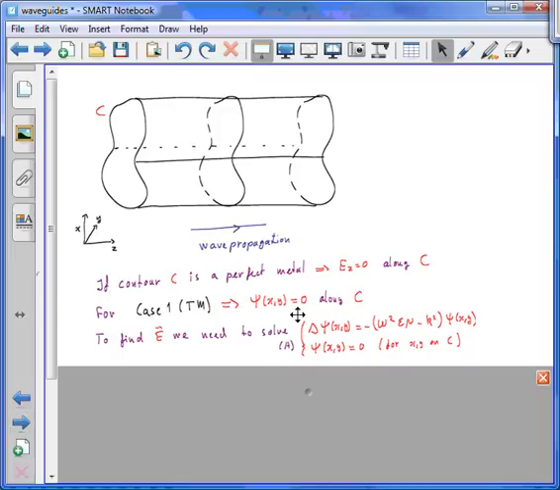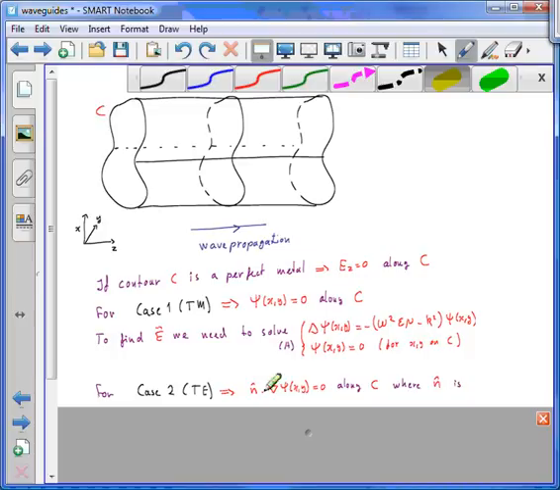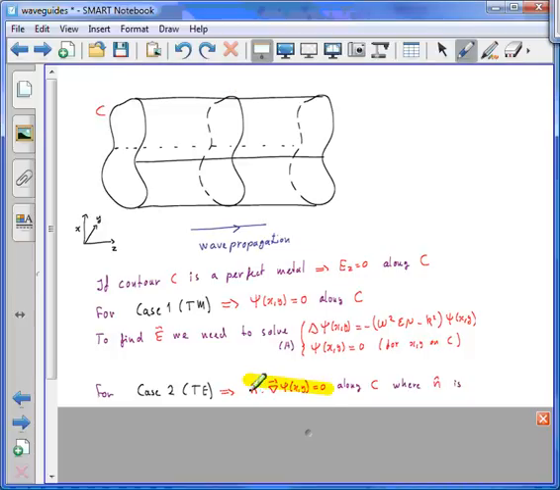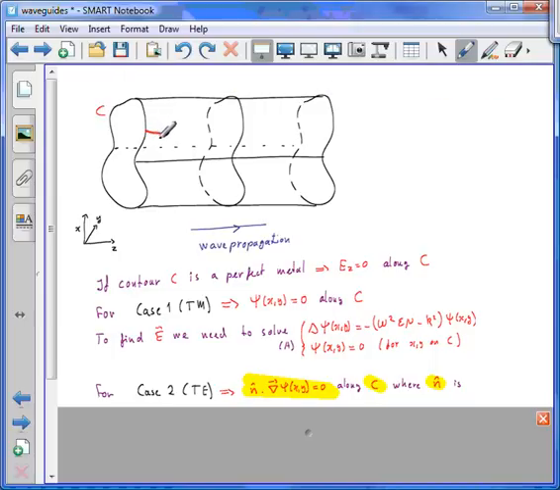For the TM we had psi has to be equal to 0. Well, for the TE case, the condition which replaces the one for the TM is going to be that n times the gradient of psi is equal to 0 along the contour C, where n is basically a vector which is perpendicular to the surface of that contour, or of the line of that contour.